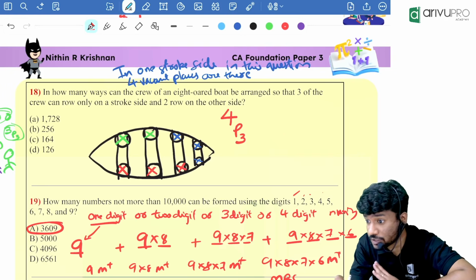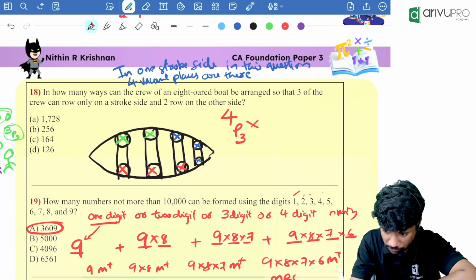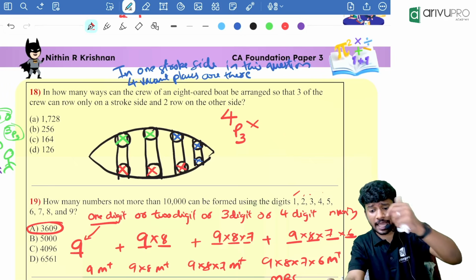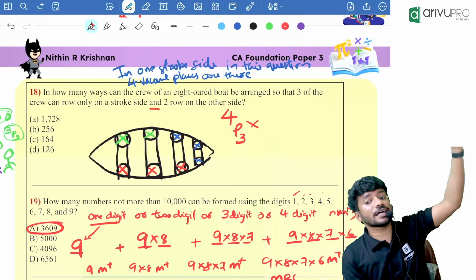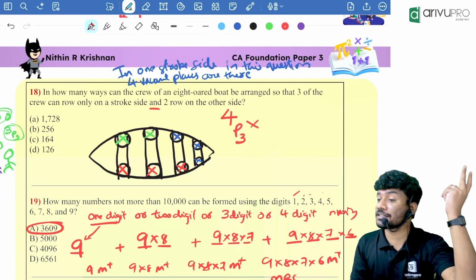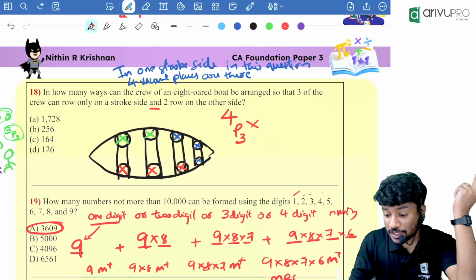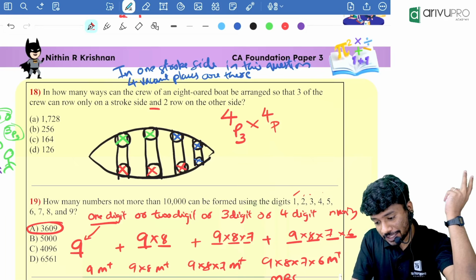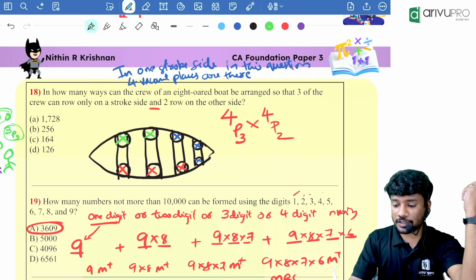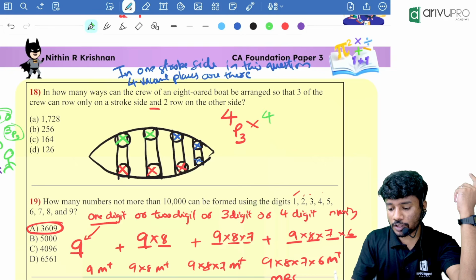Okay, understood that? Is everyone clear? Then, and. Whenever we are talking about and, we should take the into sign. 2 of them row on the other side. How many vacant places are there on the other side? 4 vacant places. How many people are there to sit there? 2 people. So you can write it as 4p2.